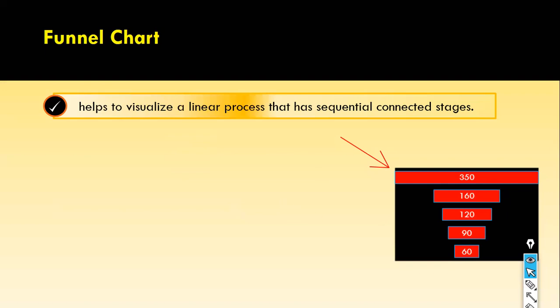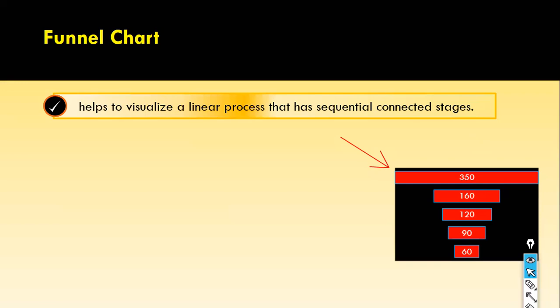Then you come up with some strategies and conduct a webinar, then send the proposal to those customers and finalize them. 350 customers called you to know more about your product. After explaining the product and service, 160 customers are potential customers.